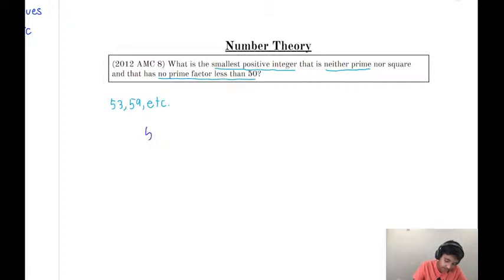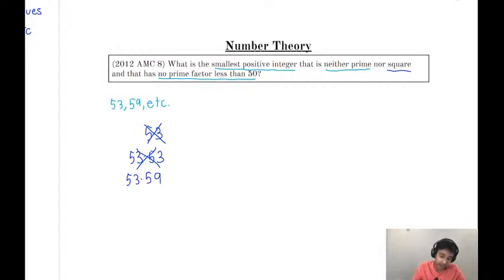We want the product of two prime numbers, or three, or some amount of prime numbers. Maybe we can try 53 times 53. But 53 times 53 is a square number, so this also doesn't work. So the smallest possible value is 53 times 59.